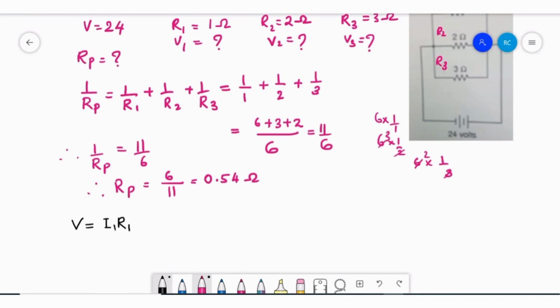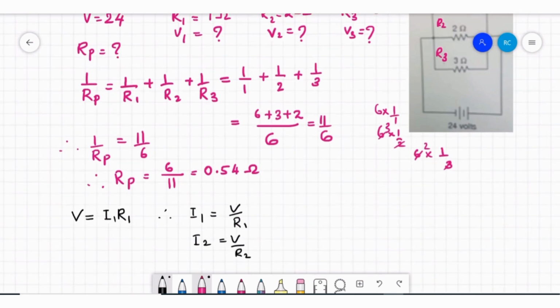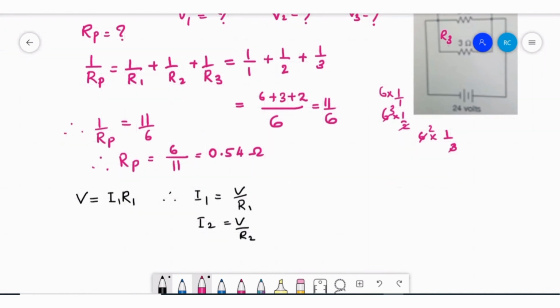Therefore I1 is equal to V by R1, similarly I2 is equal to V by R2, and I3 is equal to V by R3.